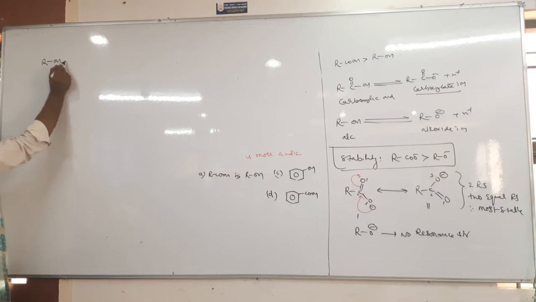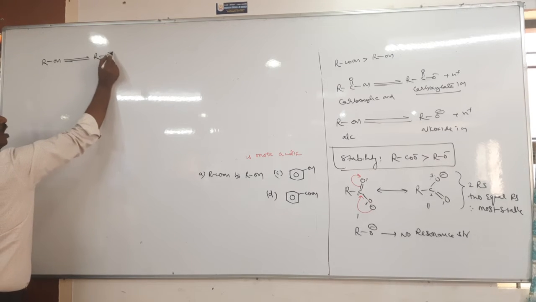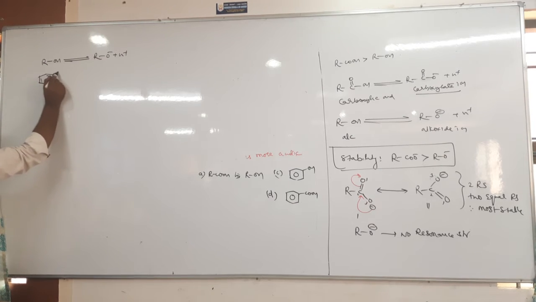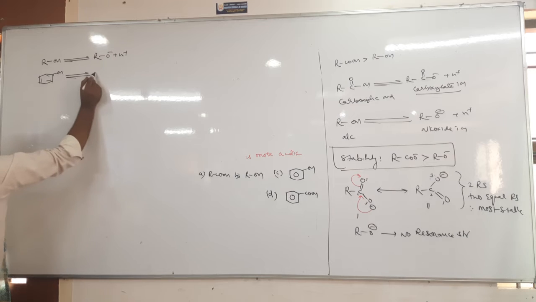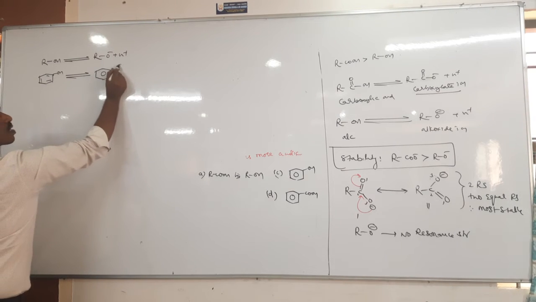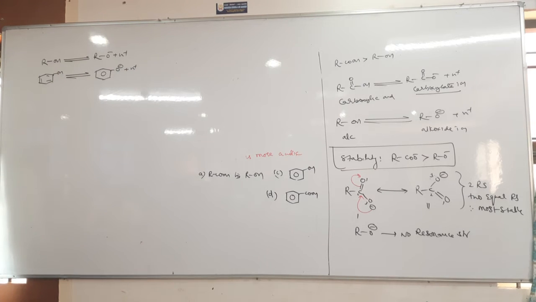Alcohol undergoes dissociation to form alkoxide plus H plus, and phenol undergoes dissociation and gives rise to phenoxide plus H plus. Among alkoxide and phenoxide, which is more stable? Phenoxide.